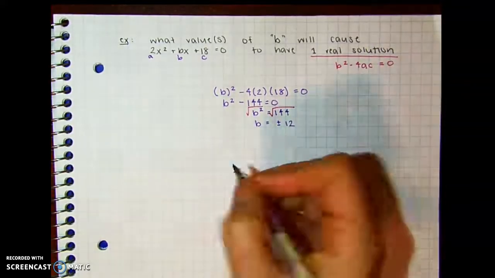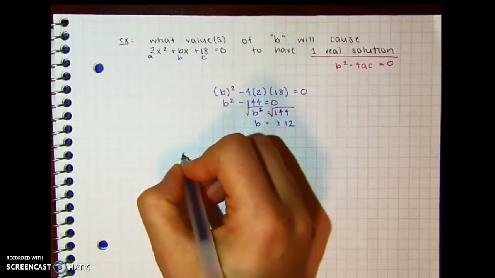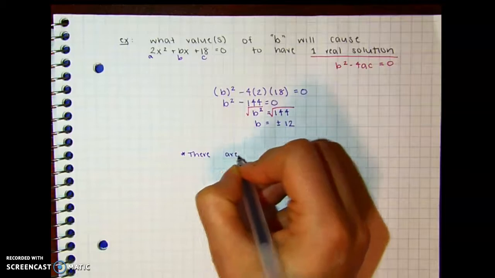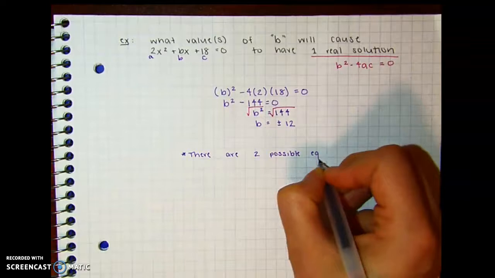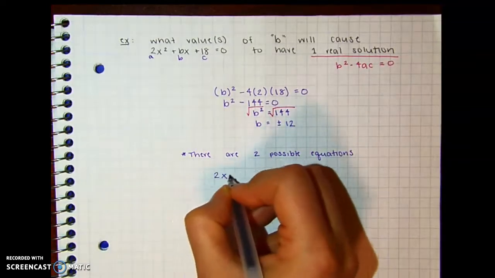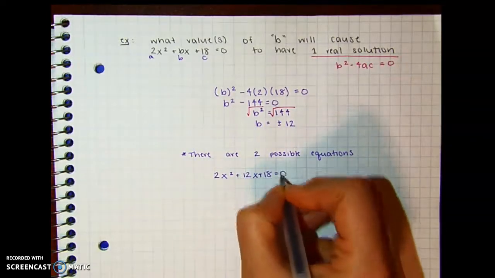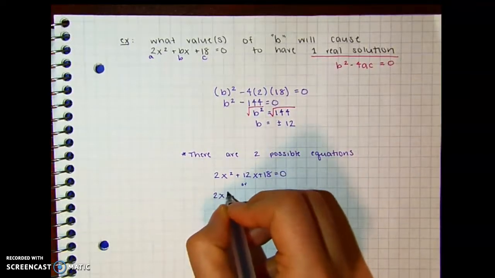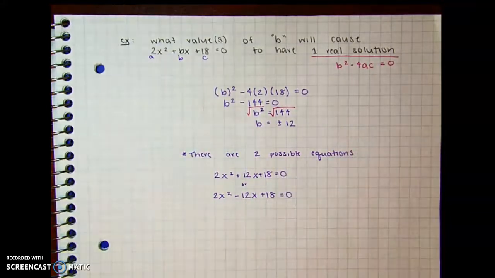That's all you would have to do, but what it means is there are two possible equations. So you could have 2x squared plus 12x plus 18, and this will have one real solution, or you could have 2x squared minus 12x plus 18 equals 0. So that's it.